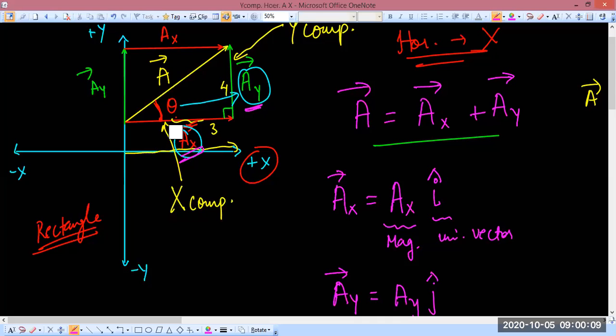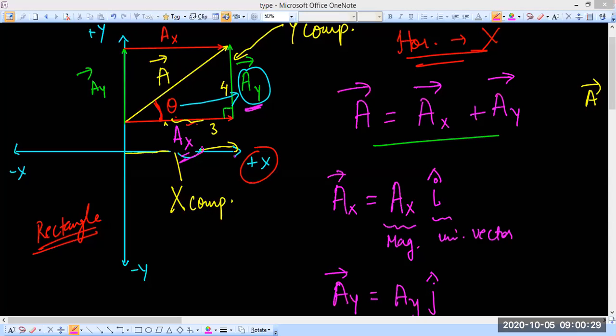So suppose now you try to think of cos theta. If you try to think of cos theta, right? What do you think is cos theta going to be? Can you tell me that? Cos theta. Everyone. Cos theta. Yes, it's going to be adjacent upon hypotenuse.